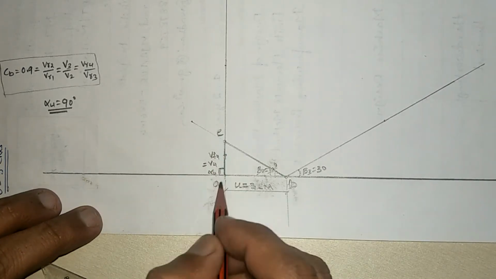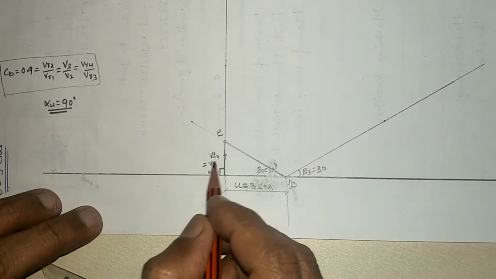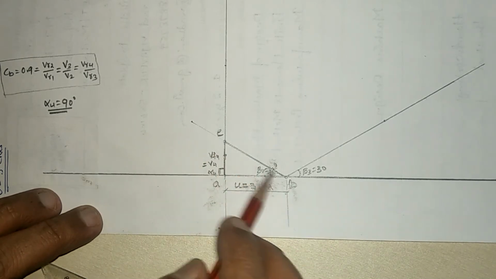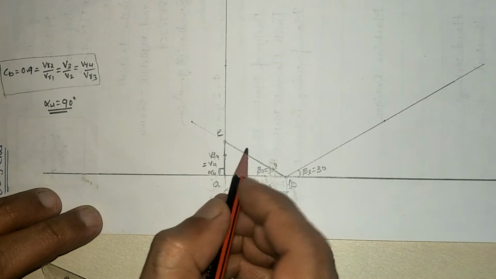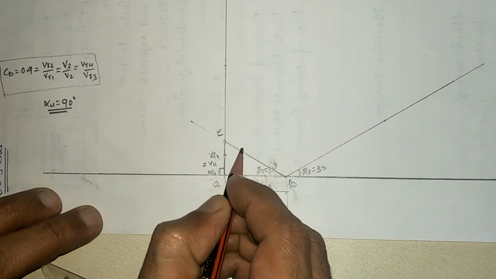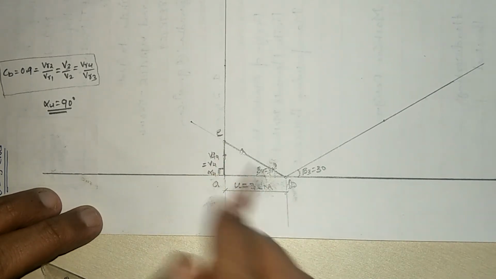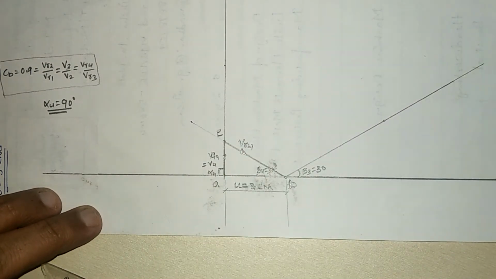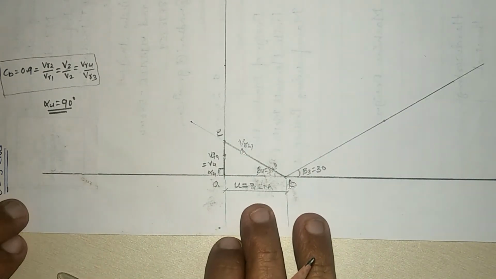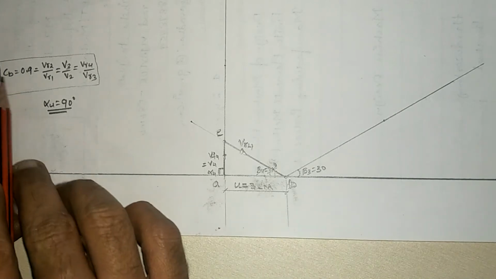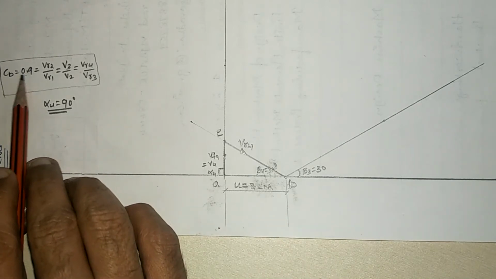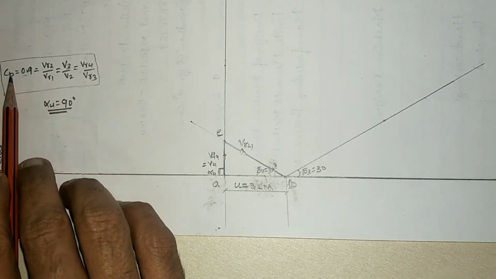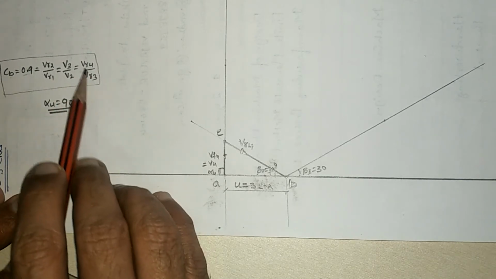So this EA is V4 or VF4, and this line EB is nothing but VR4. As you can see here, I know the value of CB. CB is equal to 0.9, so CB is equal to VR4 by VR3.